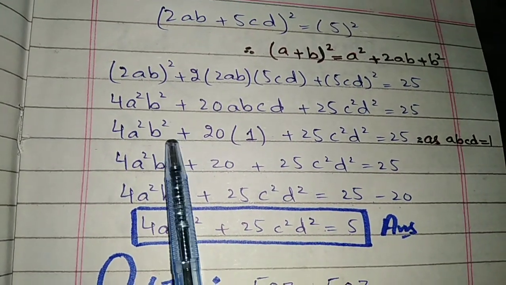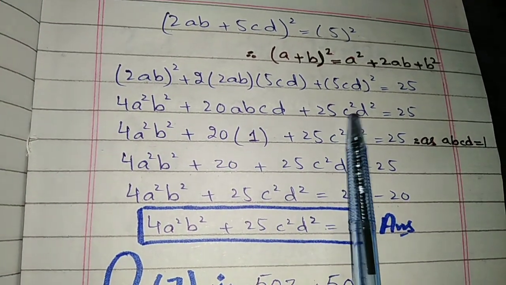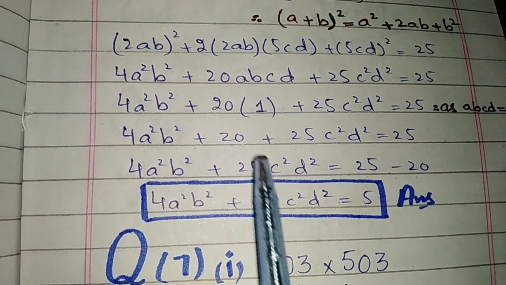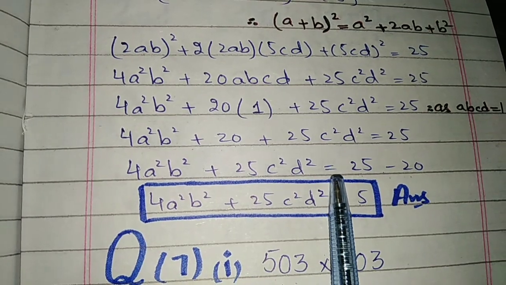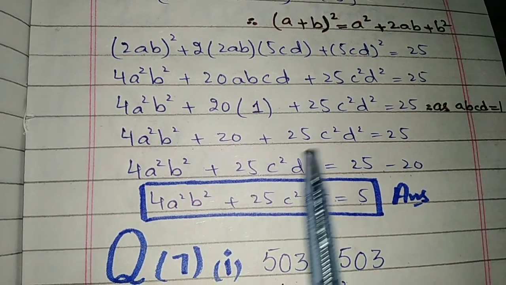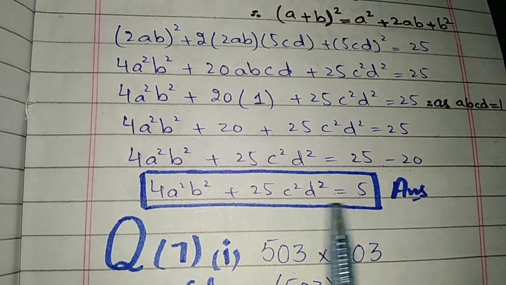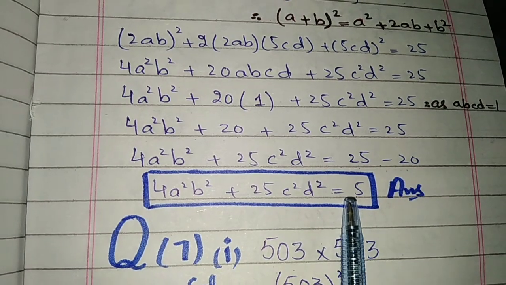Now 4a square b square plus 20, the value of abcd is given in the question, that is 1, plus 25c square d square is equal to 25. Now 20 will become negative 20 against the equality sign. So we get 4a square b square plus 25c square d square is equal to 25 minus 20. And we get the answer, 4a square b square plus 25c square d square is equal to 5.